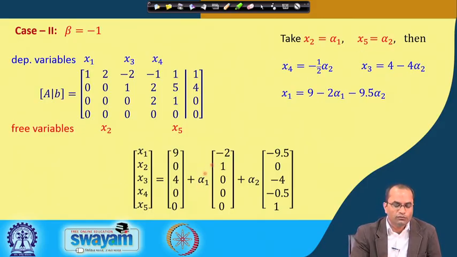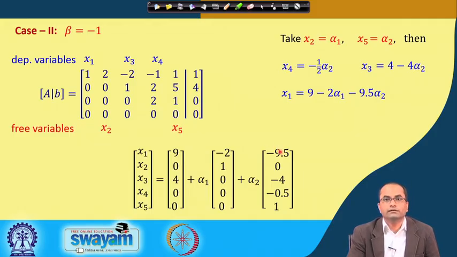Then with alpha 1, the rest from x1, for example we have 9 minus 2, so minus 2 was with alpha 1. And with alpha 2, in x1 we have minus 9.5, which is taken here in this vector.